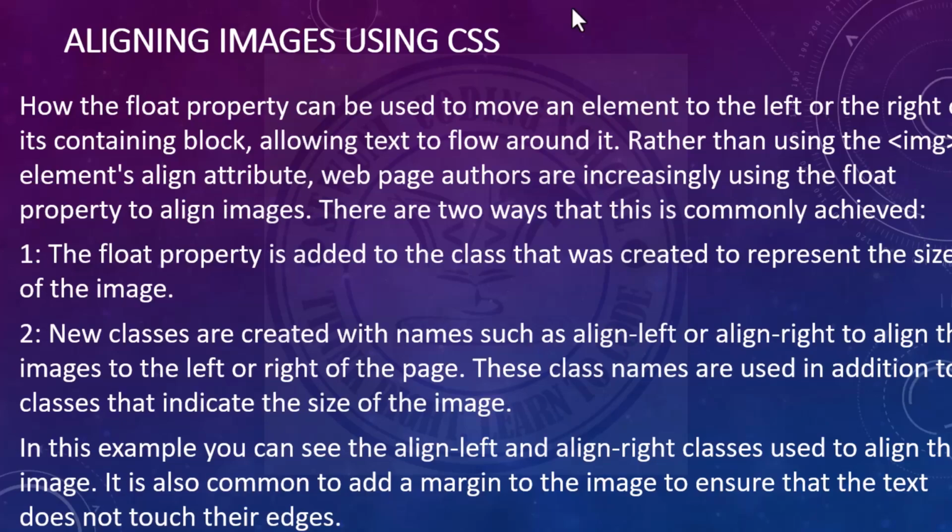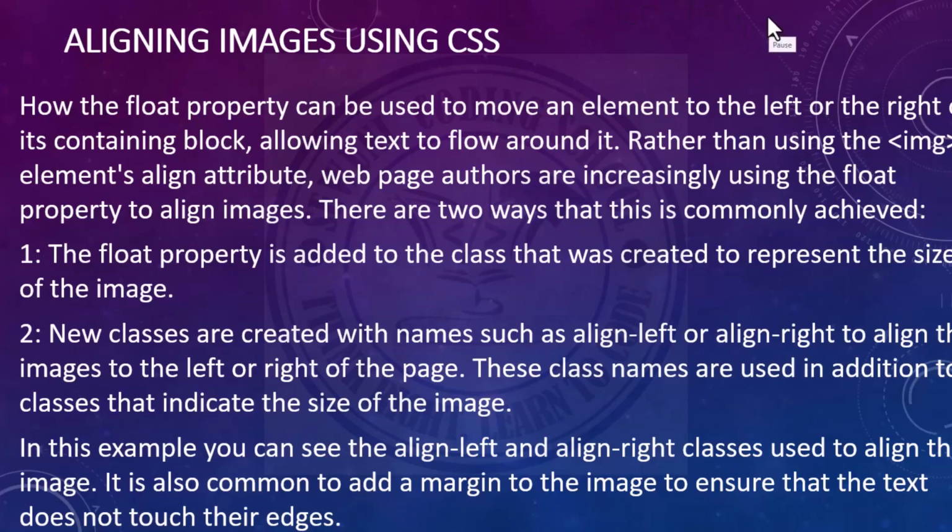These class names are used in addition to classes that indicate the size of the image. I'm going to show you an example, and in the example you see the align left and the align right classes used to align the image. It is also common to add a margin to the image to ensure that the text does not touch their edges, so you have to give them margins.